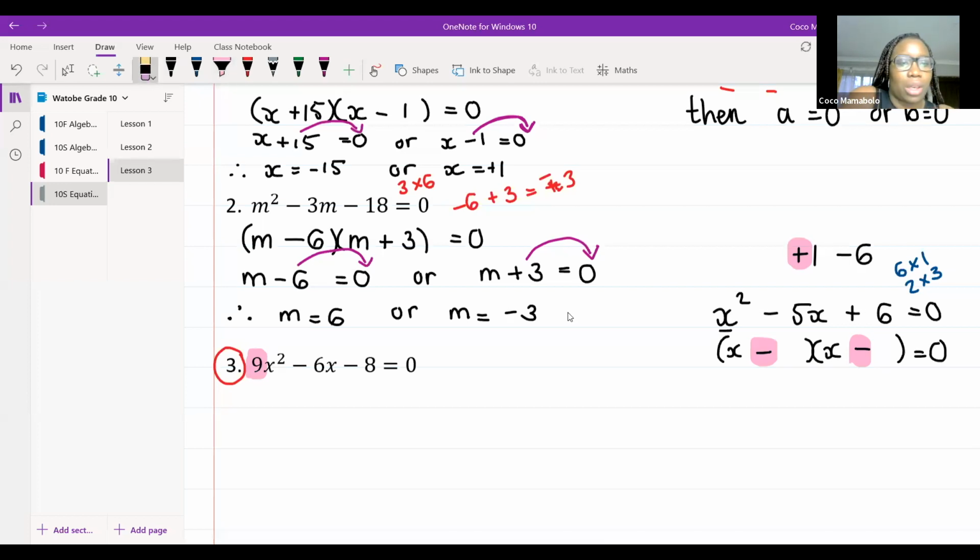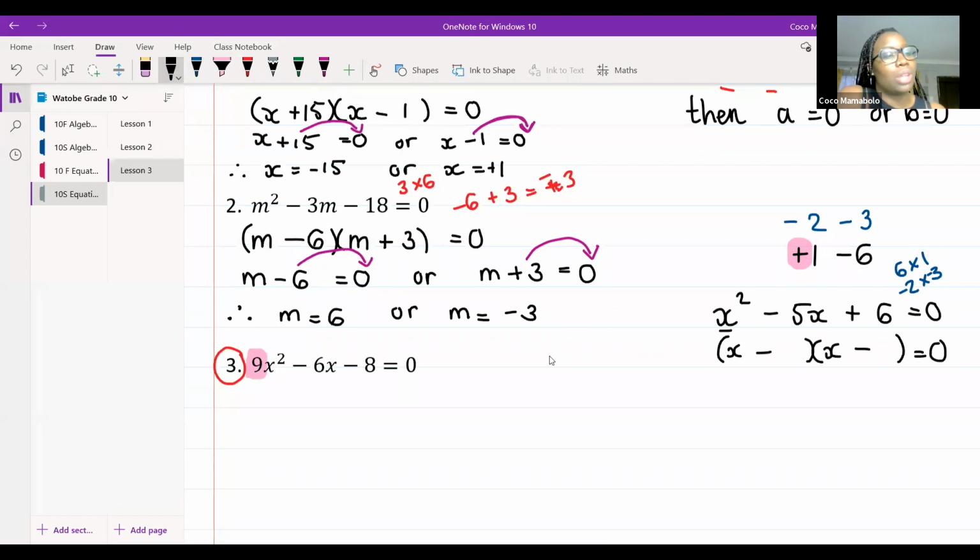But if I went -2 minus 3, what about -2 minus 3, guys? -2 minus 3 is equal to -5. And both of those numbers are negative.